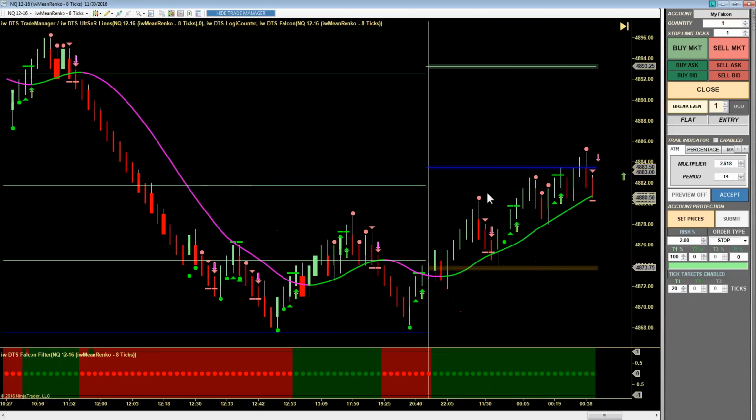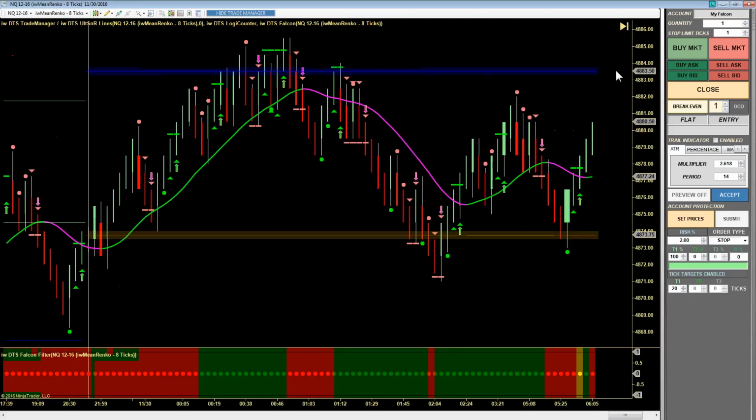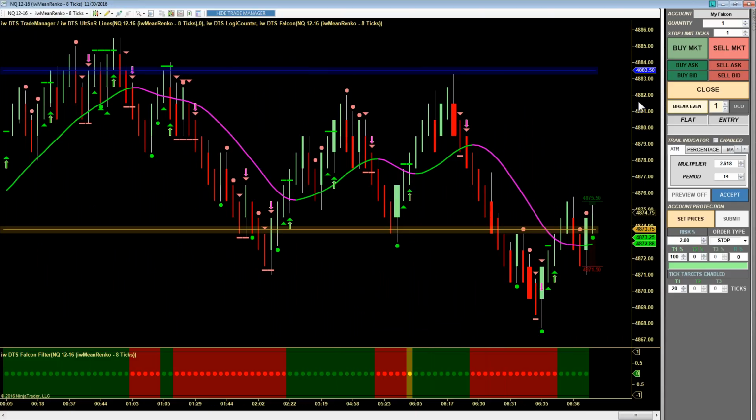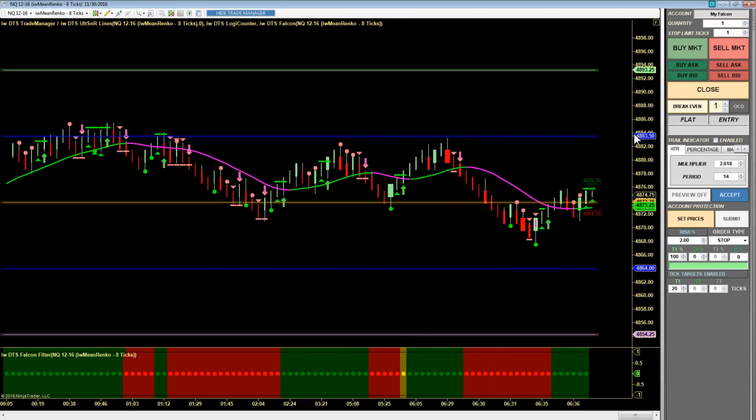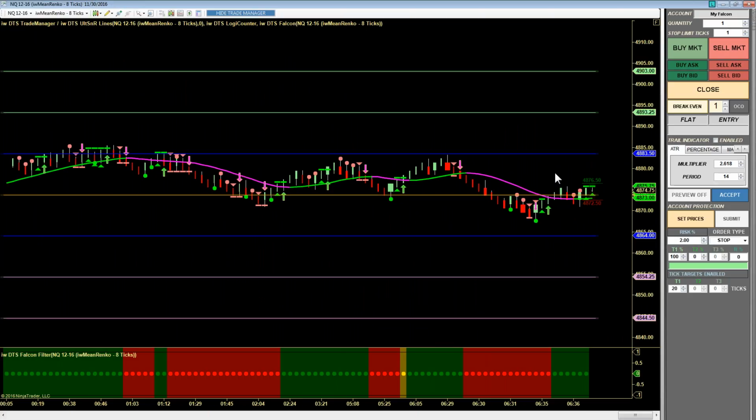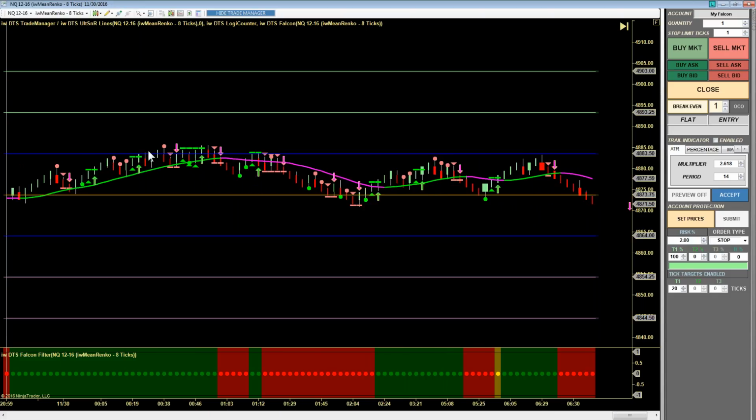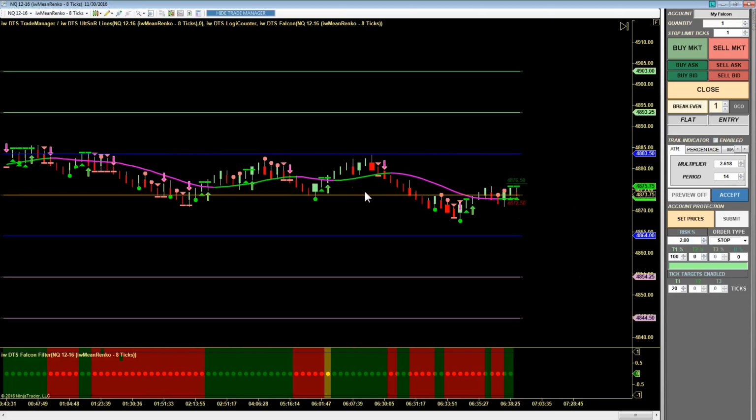The horizontal lines you see through here, this is the ultimate support and resistance suite. It's an assortment of 21 support and resistance lines. These are forecast for today's trading. And you can see they're doing a pretty good job containing the market. The gold line is the median line.